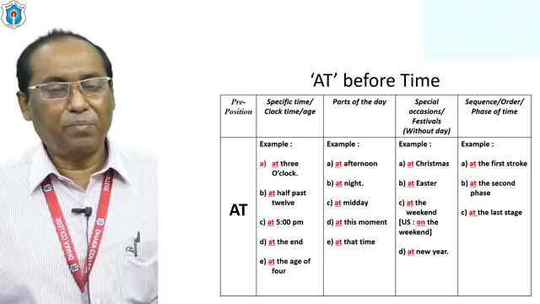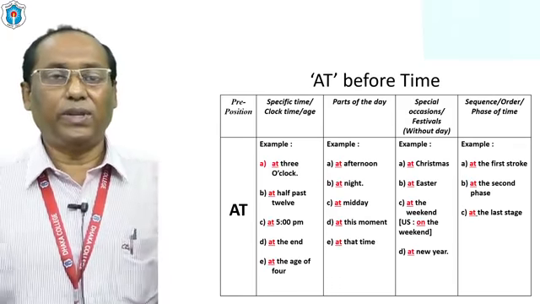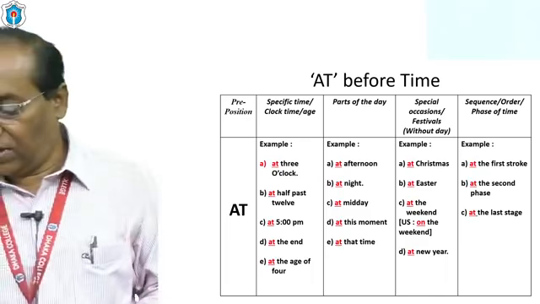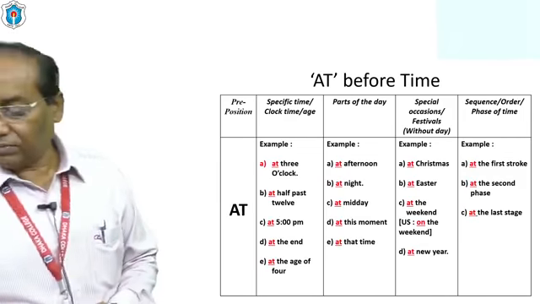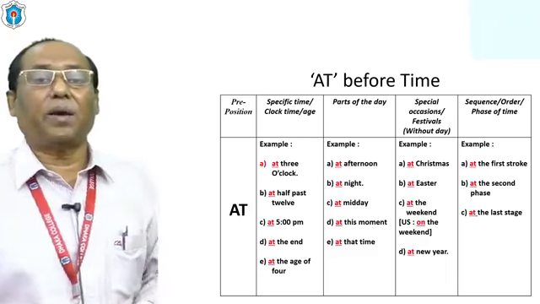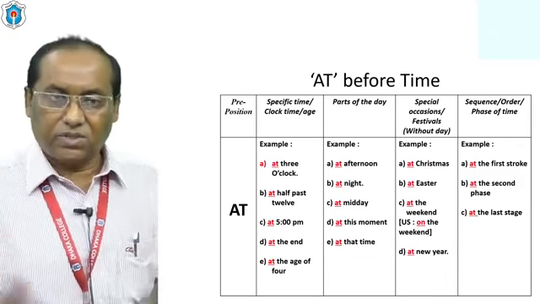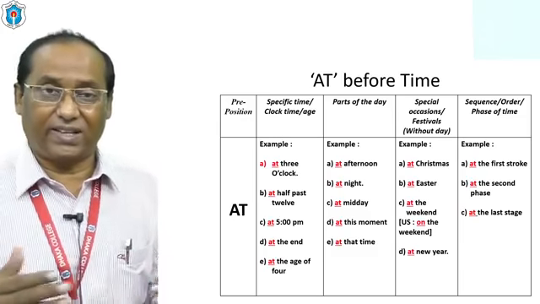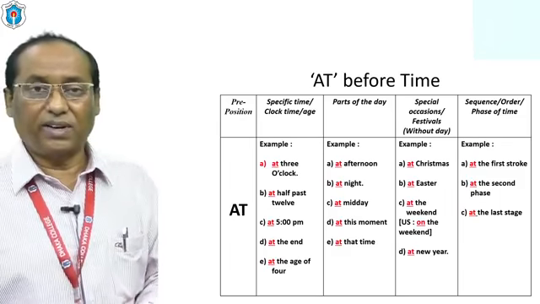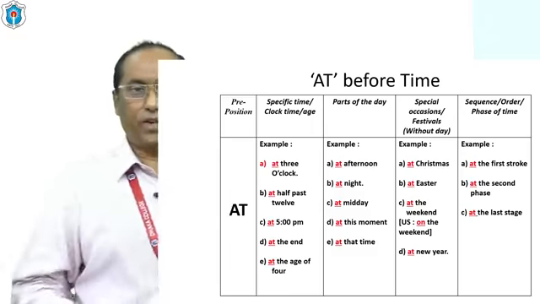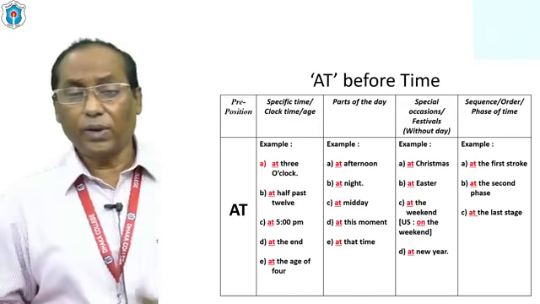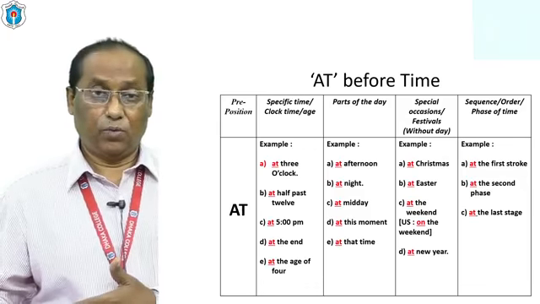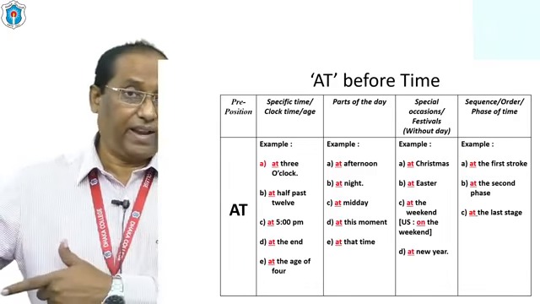That is, before the parts of the day we use at, and also we use at to mean some special festivals or occasions or some particular days without day. For example, we can say at Easter, without day, not Easter Day.